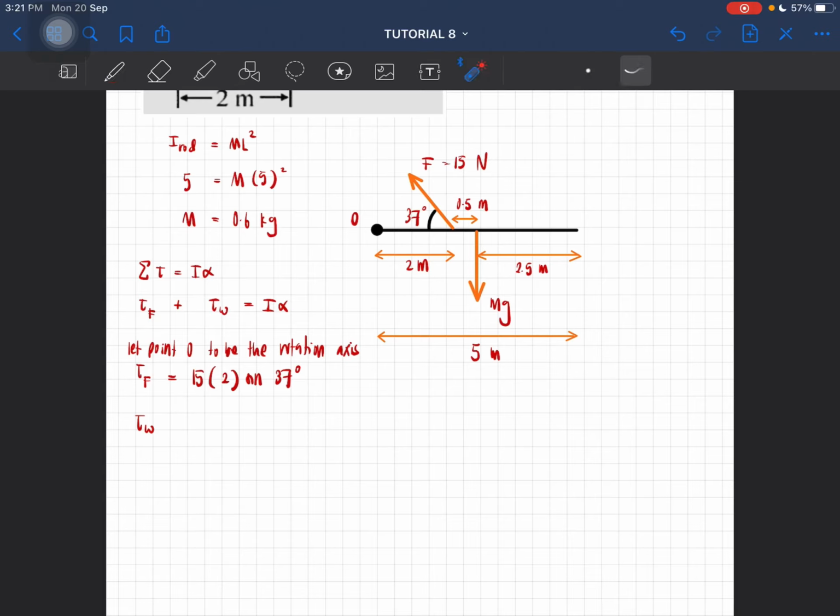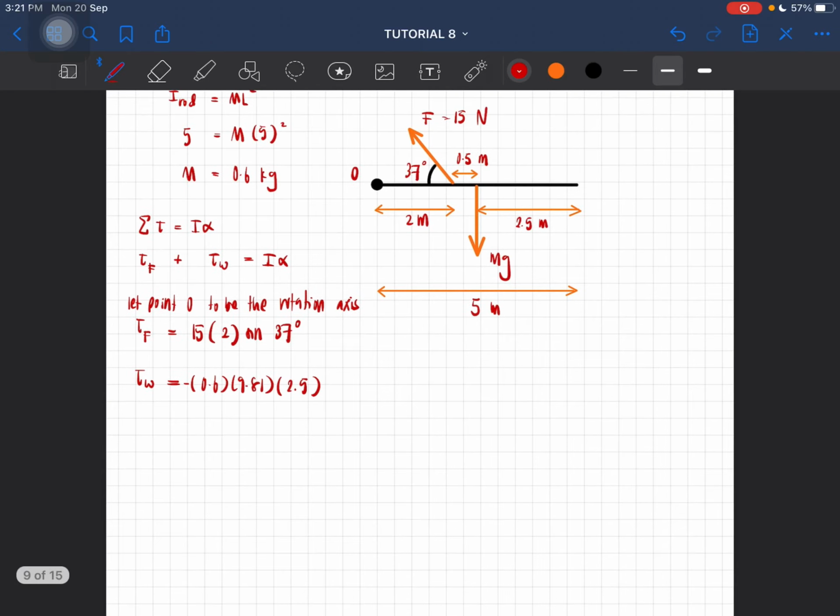This is anti-clockwise, so it is positive. For the weight, it is clockwise, so it is negative. The distance is 2.5 meter, so negative 2.5 times mg, where m is 0.6 and g is 9.81.